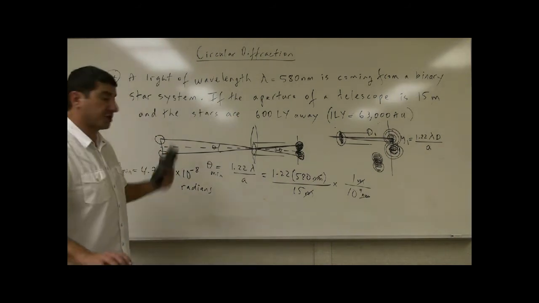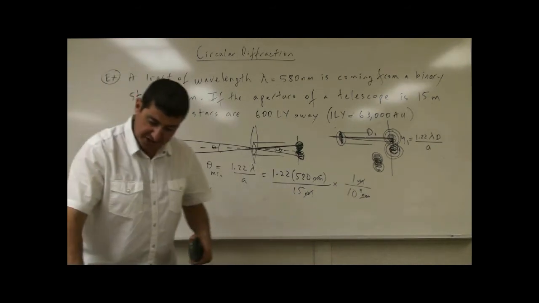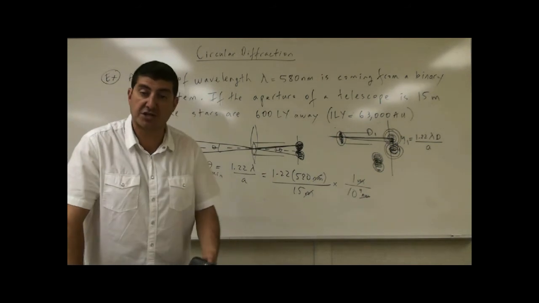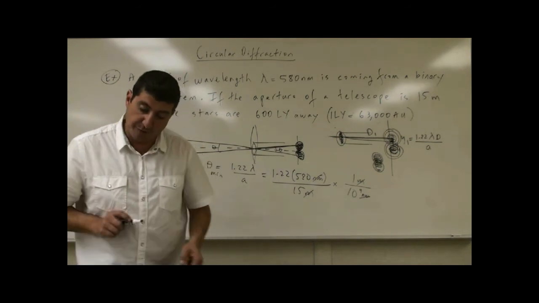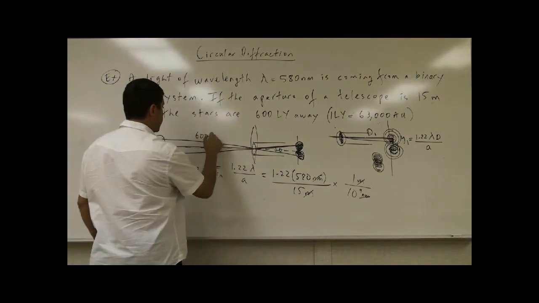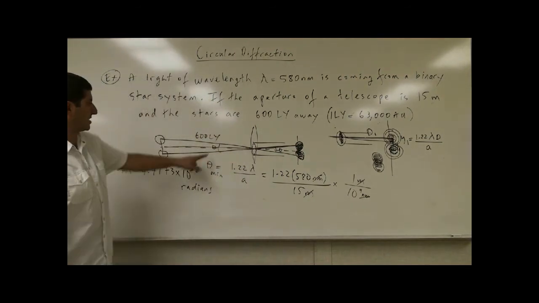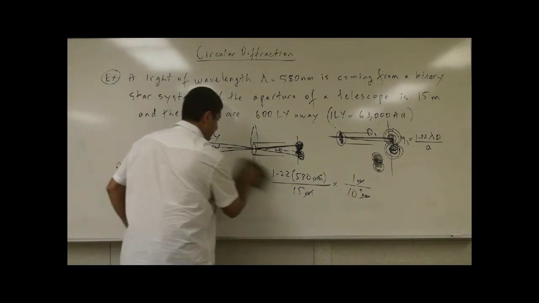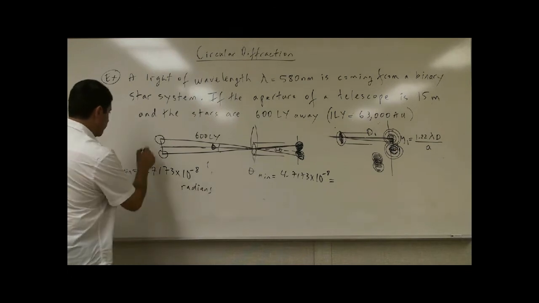Now, if we answer question B, what is the minimum distance between the stars to distinguish them apart? They were 600 light years away. The distance was 600 light years from us. Well, we can say the angle is equal to the distance between them.